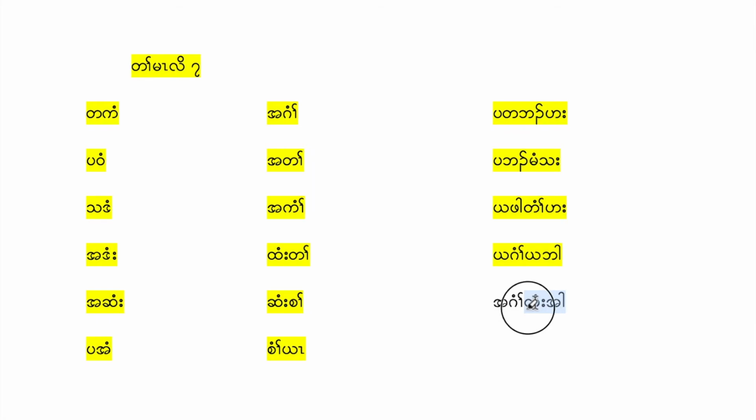Okay, so next one is aritia. So aritia in English is multi-root or multi-foundation.